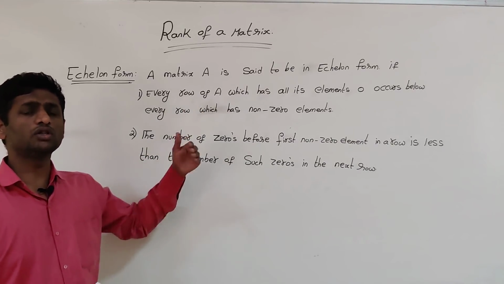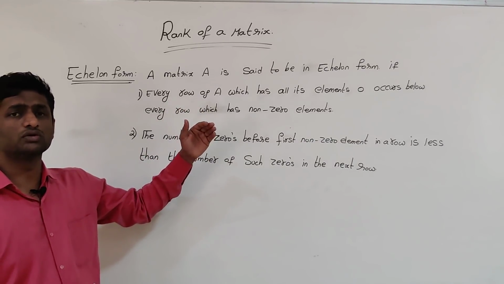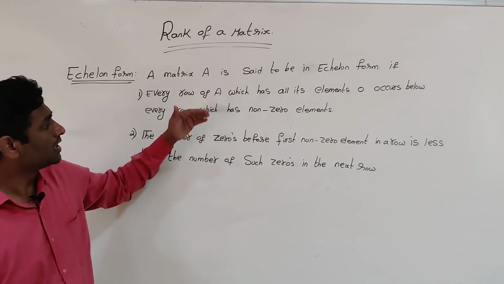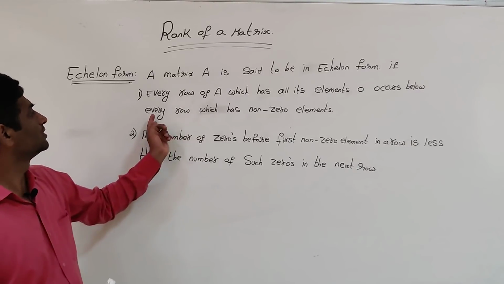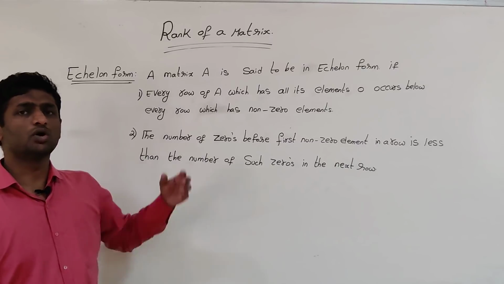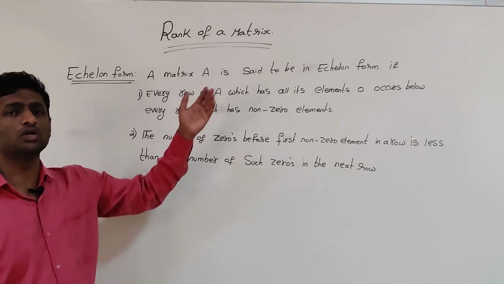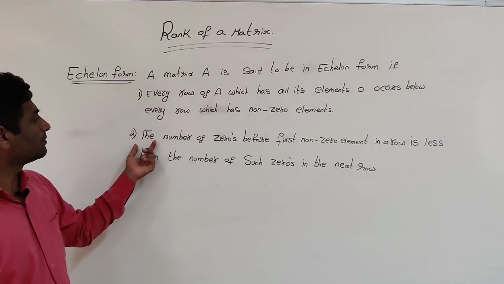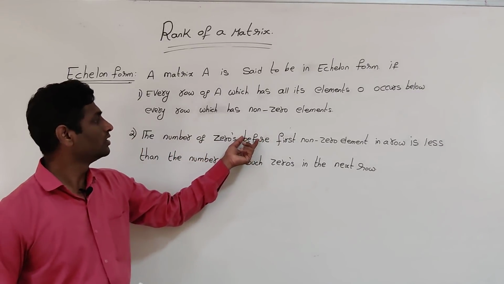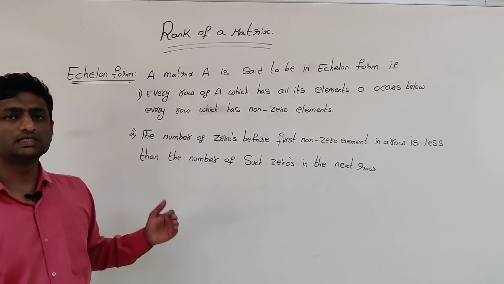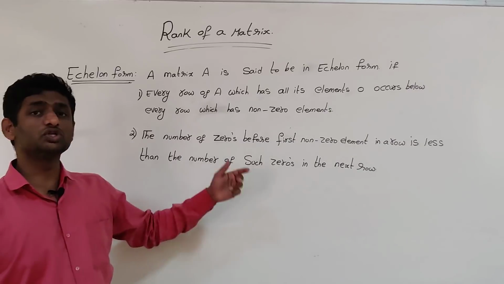Means if all the elements of a row are zeros, then it should appear in the last rows. Second, the number of zeros before the first non-zero element in a row should be less than the number of such zeros in the next row.